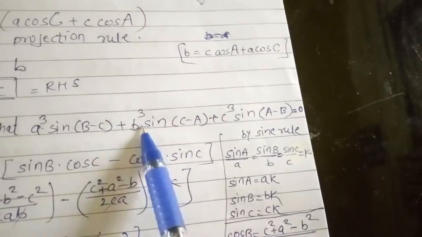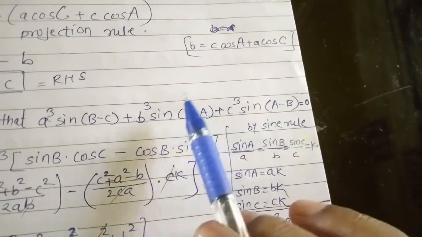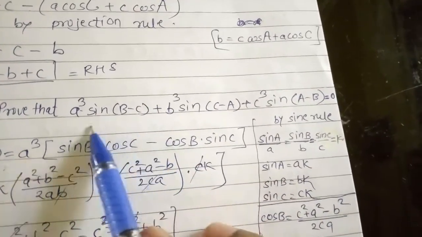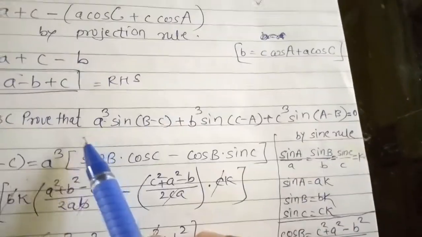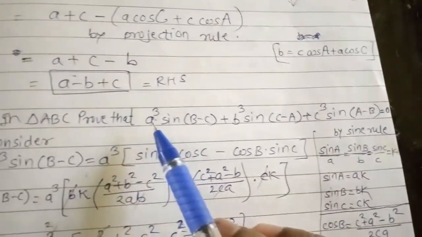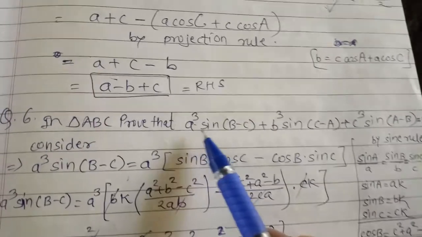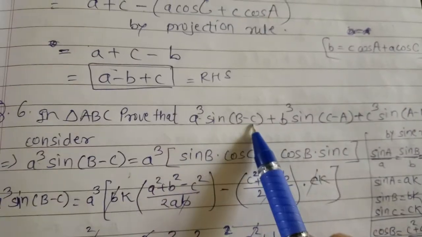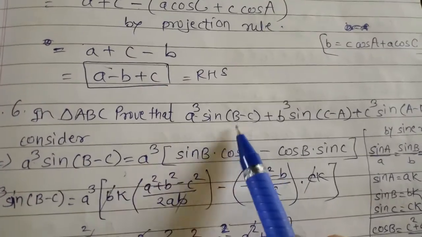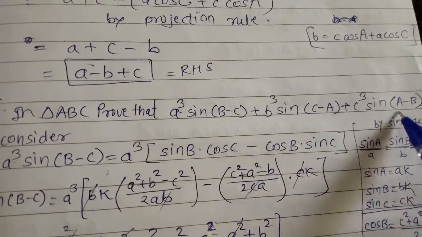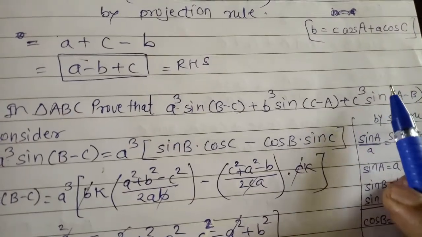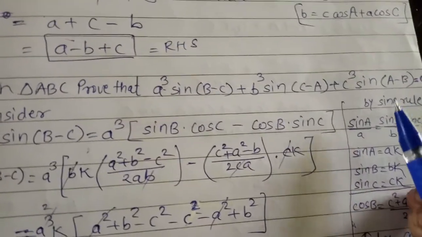See the order, all these three terms are similar, meaning there is a similarity in the system. So we are going to solve any one of these first. We are going to solve this first term, a cube sin(b minus c). We will first find its answer, and by comparing it, we will write the answer of the other two by observation, without calculation.